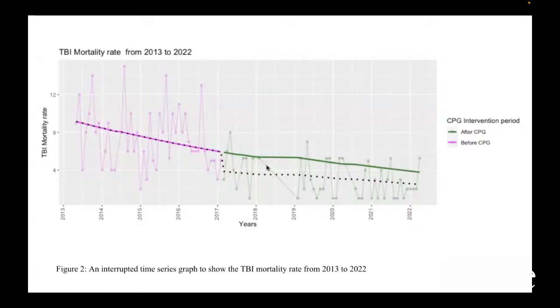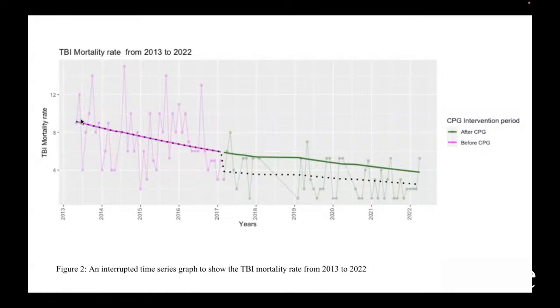As we can also see, here we didn't study the poor recovery rate. We studied the TBI mortality rate. As we can see here, there is autocorrelation. This is monthly TBI deaths. You can see there are months with high deaths and months with low deaths of TBI, like at the end of the month there are higher deaths from TBI.